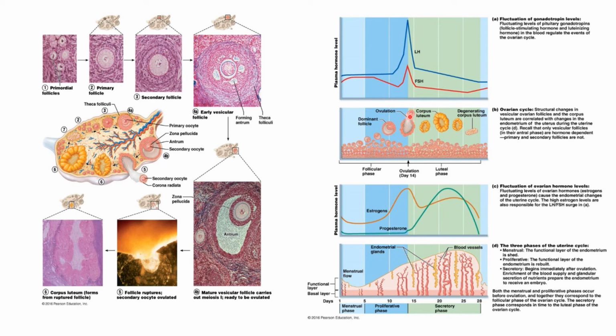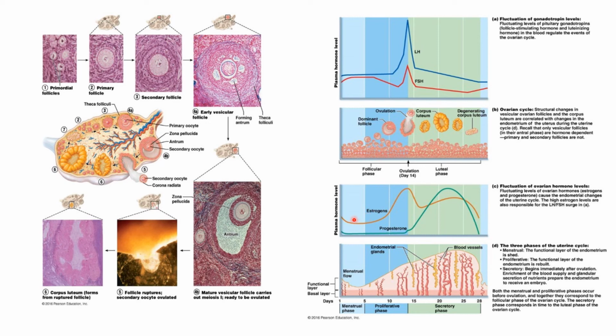And so right here, ovulation is going to take place around day 14 when the LH hormone starts to increase. By the way, during the follicular phase, those dominant follicles are going to start releasing estrogen.